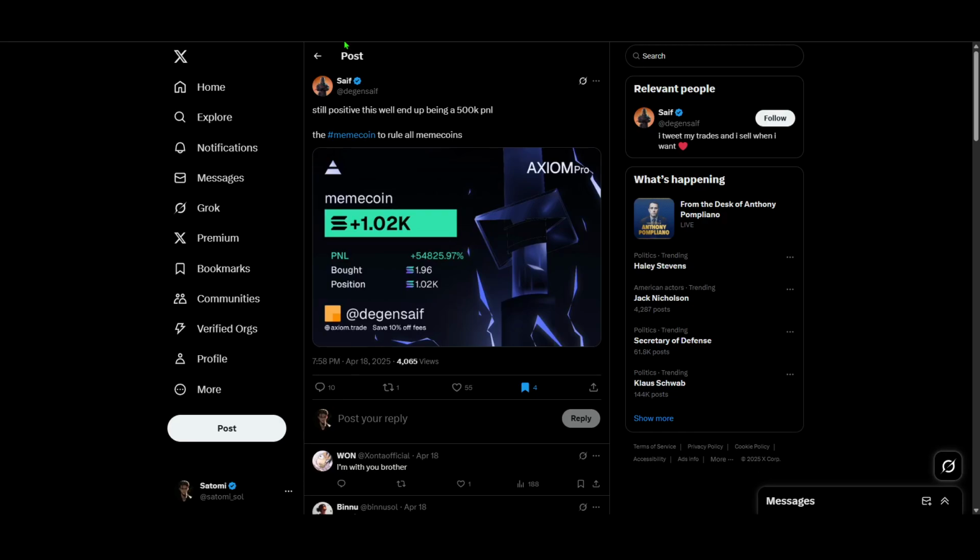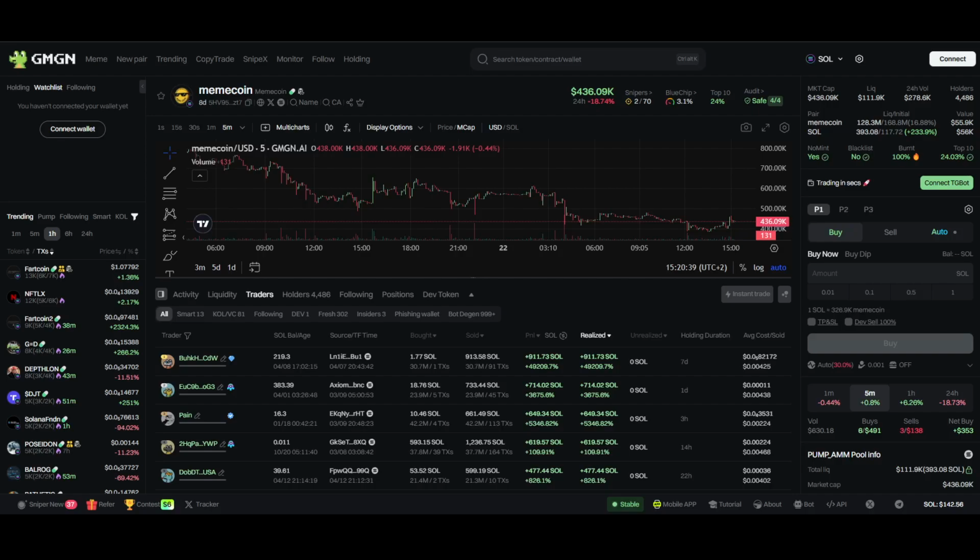So if we go back to this P&L, you can see that the person bought for 1.96 Sol and sold for more than 1,000 Sol. So if you go here, you can change from USD to Sol.